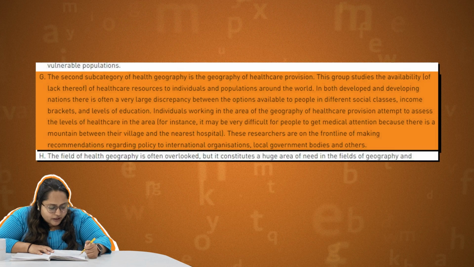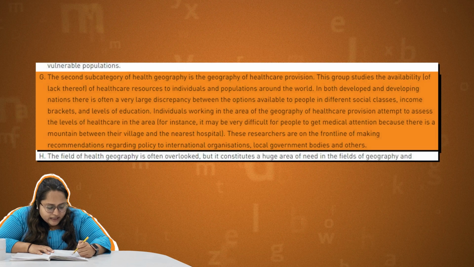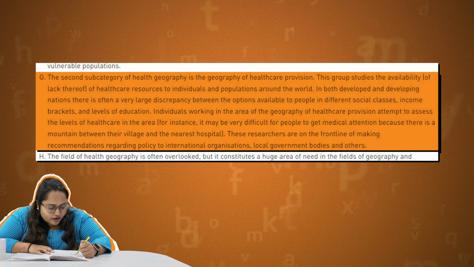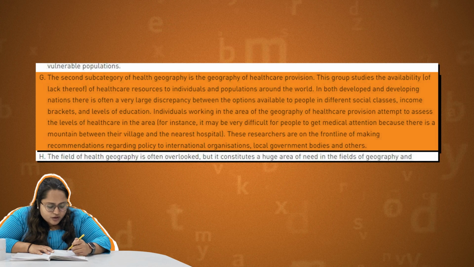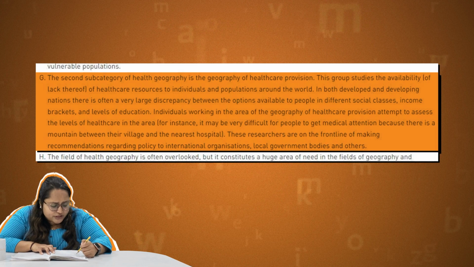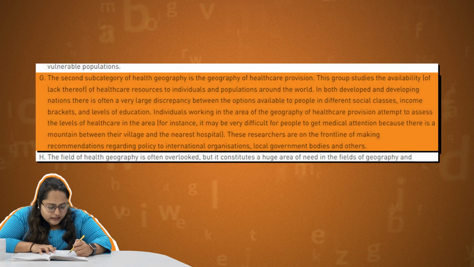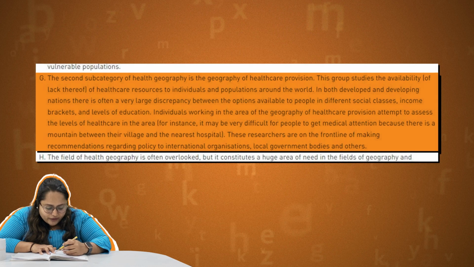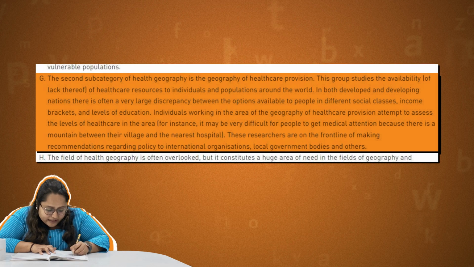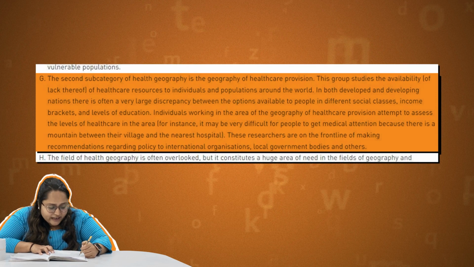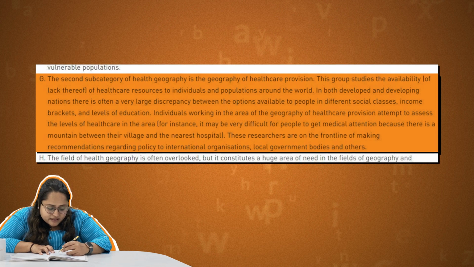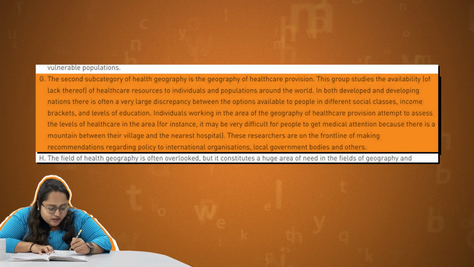In both developed and developing nations, there is often a very large discrepancy between the options available to people in different social classes, income brackets, and levels of education. Individuals working in the area of geography of healthcare provision attempt to assess the levels of healthcare in an area. For instance, it may be very difficult for people to get medical attention because there is a mountain between their village and the nearest hospital.